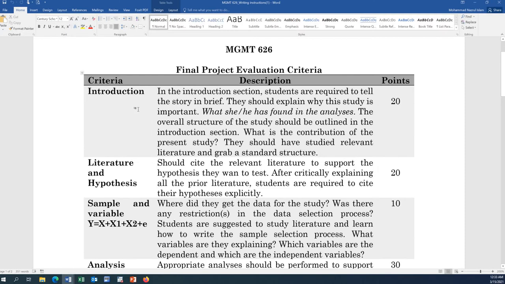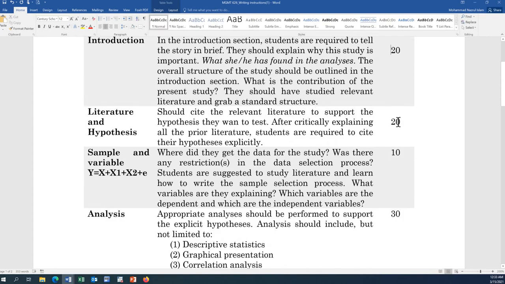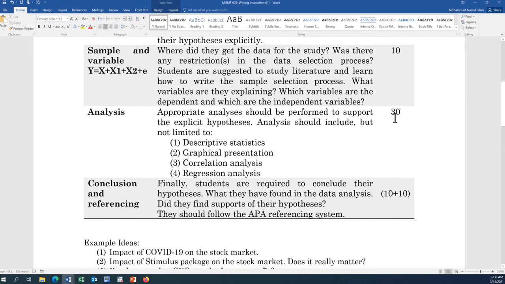See that there are a total of 100 points. Out of these 100 points, 20 points for introduction, 20 points for literature and hypothesis, 10 points for sample and variable discussion, 30 points for analysis, and 10 points for conclusion and referencing. See that.